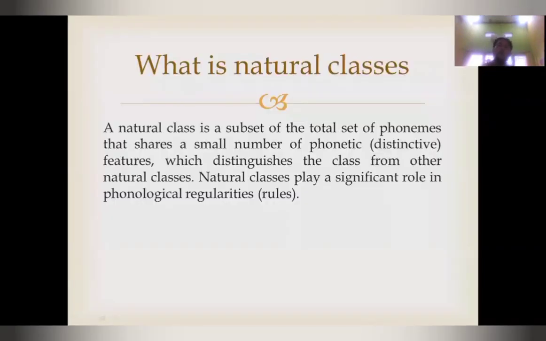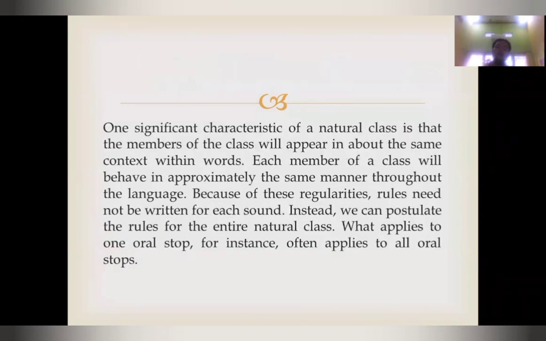So what are natural classes? A natural class is a subset of the total set of phonemes that shares a small number of phonetic features, which distinguish the class from other natural classes. Natural classes play a significant role in phonological regularities. One significant characteristic of a natural class is that the members of the class will appear in about the same context between words.